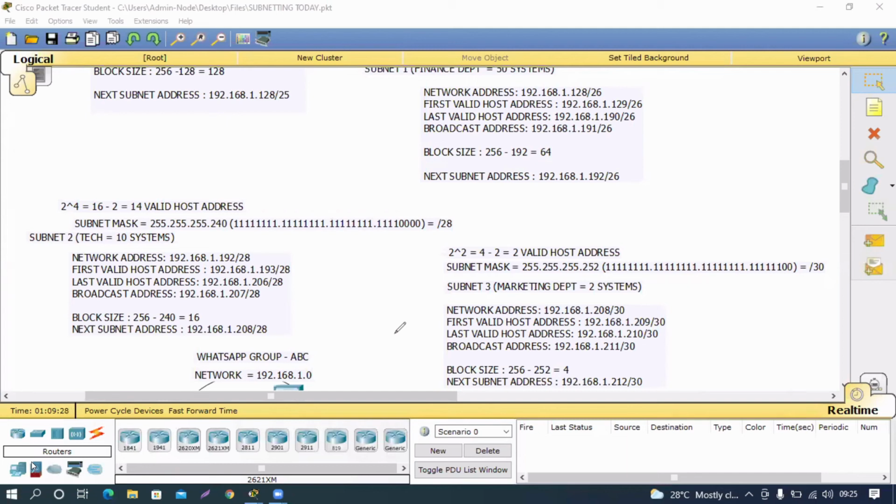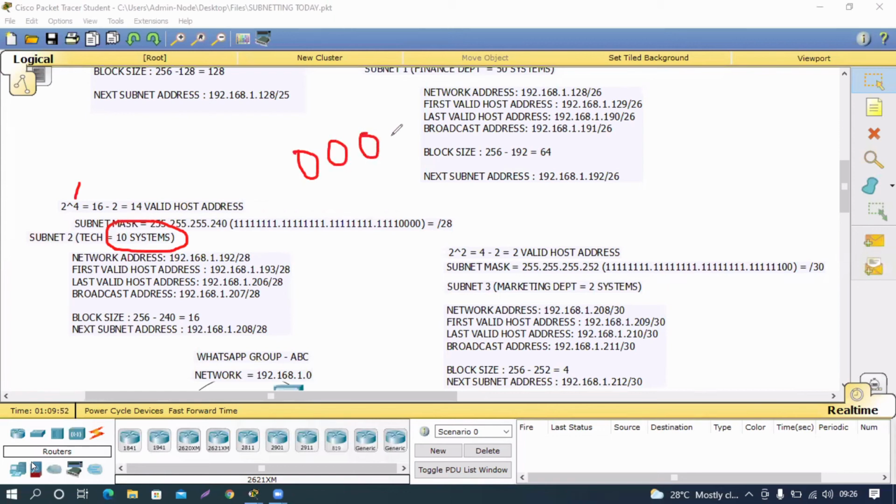Anyone else? Sir, how did /28 come? How many systems do you need IP addresses for? 10 systems. Which power of 2 is bigger than 10? 2^4. So how many host bits do you have in class C?